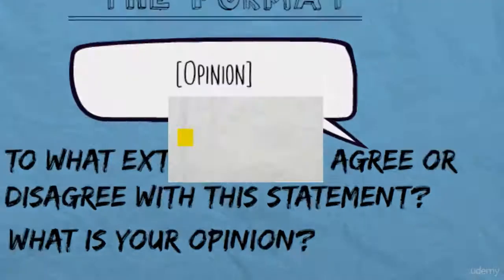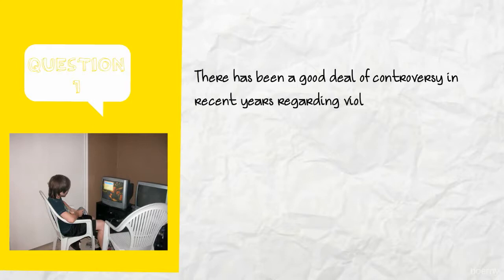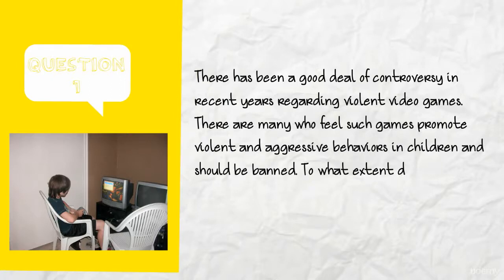Here are some examples. Question 1. There has been a good deal of controversy in recent years regarding violent video games. There are many people who feel such games promote violent and aggressive behaviors in children and should be banned. To what extent do you agree or disagree? Question 2.